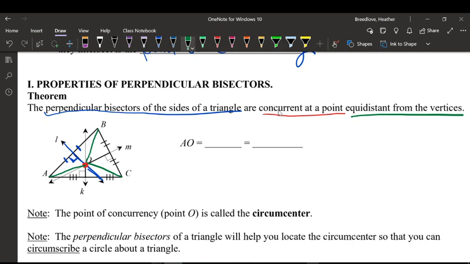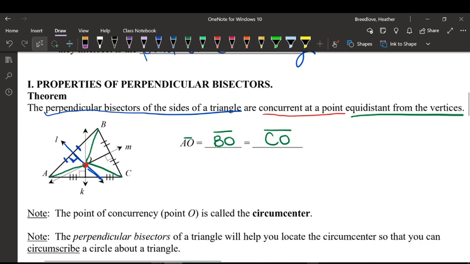So that's saying that segment AO is congruent to segment BO, is congruent to segment CO. From the angle to the point where those three perpendicular bisectors meet are all the same length.